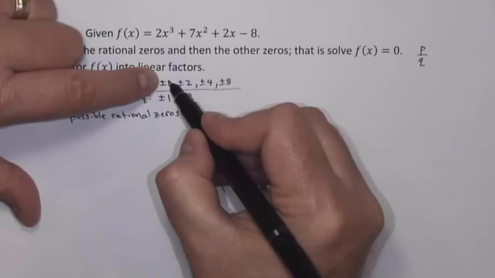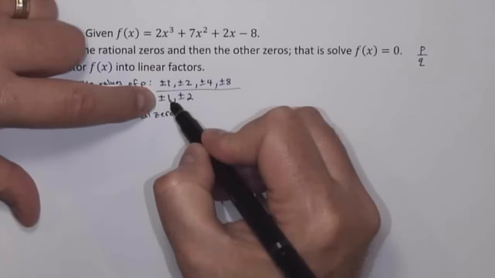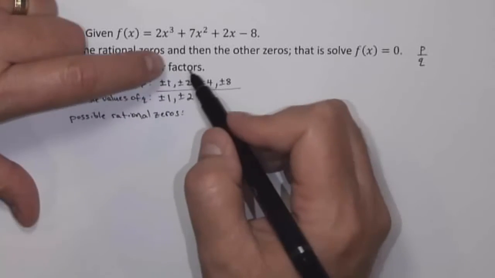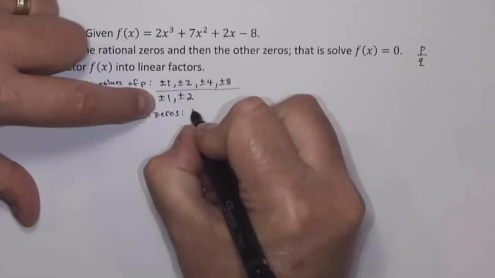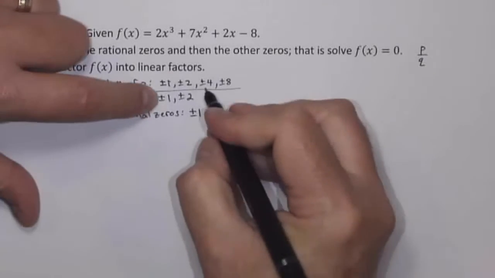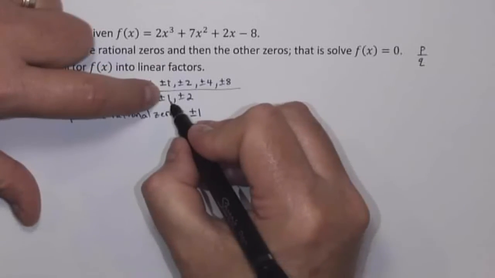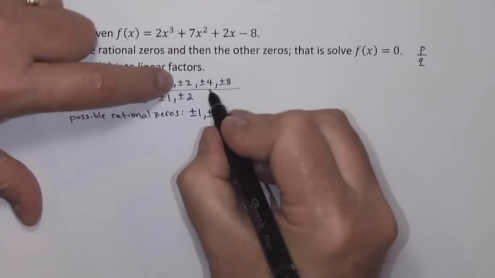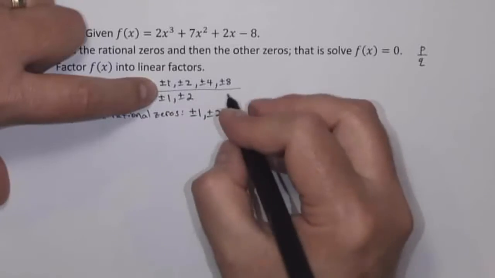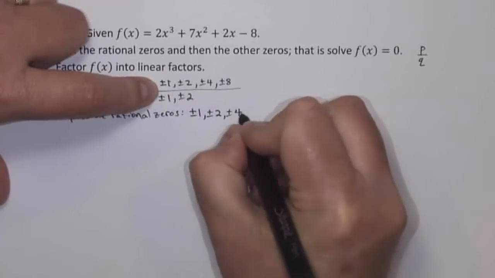So if I take plus or minus 1 divided by plus or minus 1. Now the plus or minus just means it can be positive or negative. So positive or -1 divided by positive or -1 will be positive or -1. Positive or -2 divided by positive or -1 would be positive or -2. Plus or minus 4 divided by plus or minus 1 could be plus or minus 4.